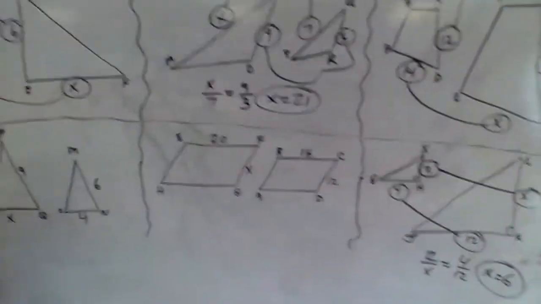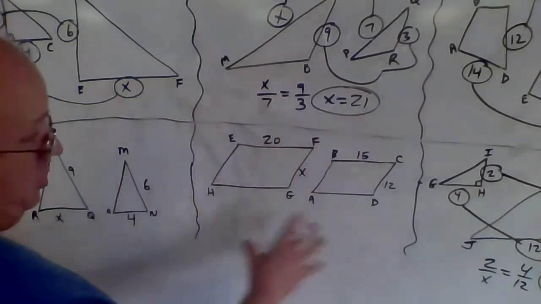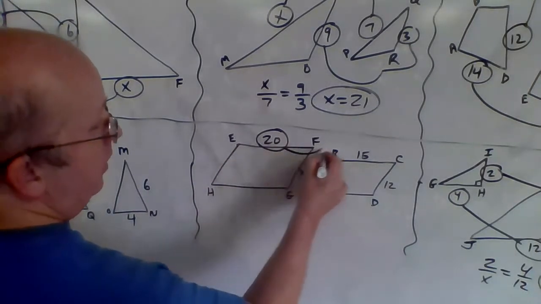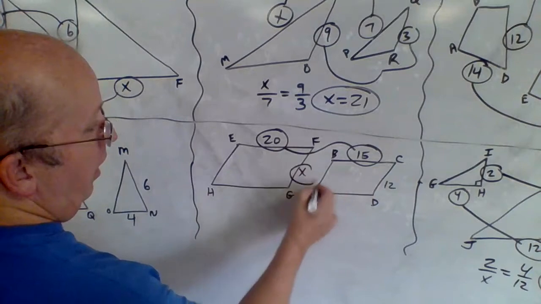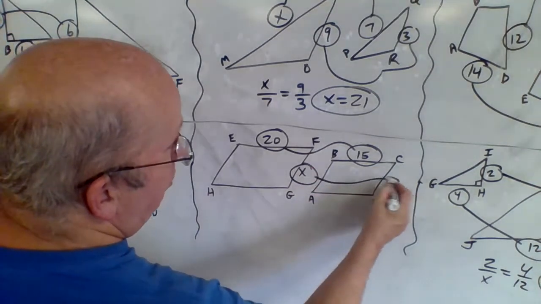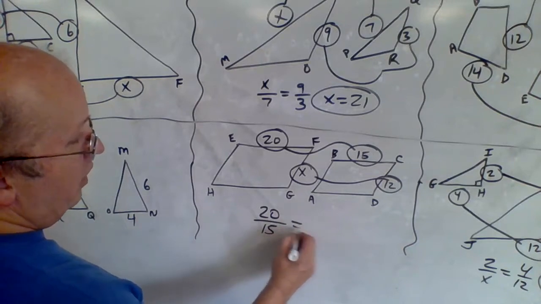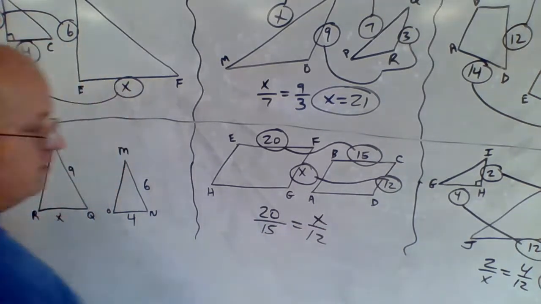How about this next one? What appears to be two parallelograms. The 20 is corresponding to this 15. The x is corresponding to this 12 here. So 20 over 15 equals x over 12.